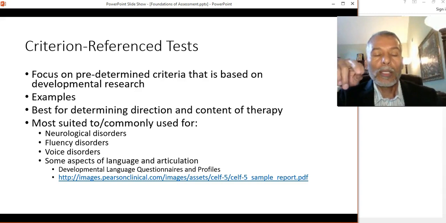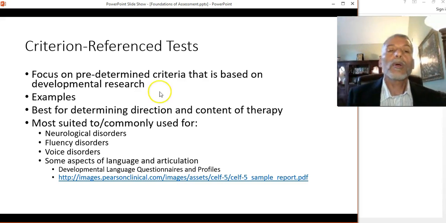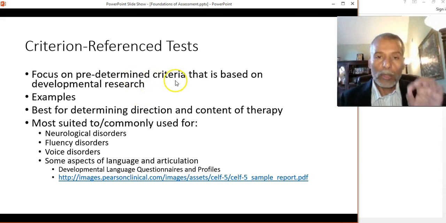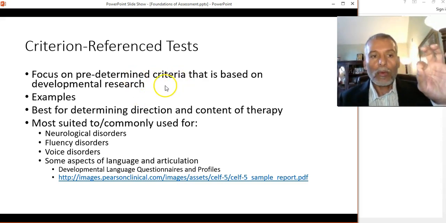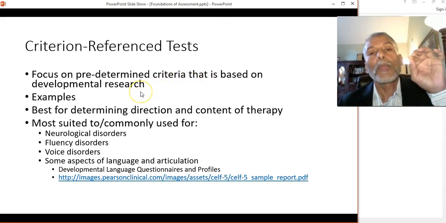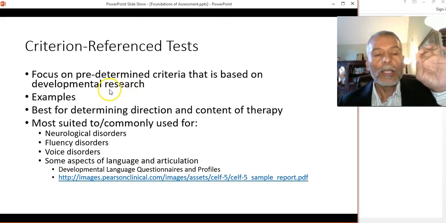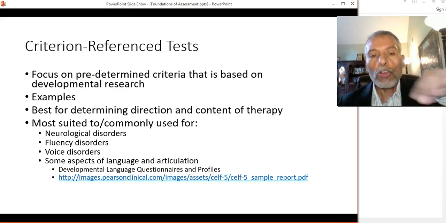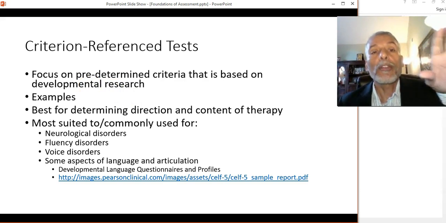And then definitely between 24 and 36 months, the child should be at 3 to 4 words in one average utterance. So the MLU is going to be at this level or that level. These are the developmental norms, the data that research in language development has identified over the years.